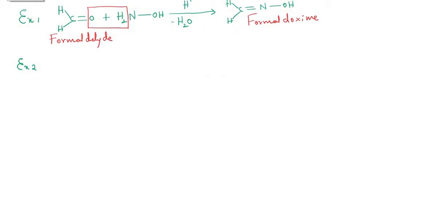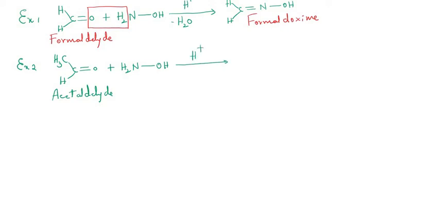Now let us write another example, that is with respect to acetaldehyde. CH3CH double bond O plus NH2OH, arrow mark.